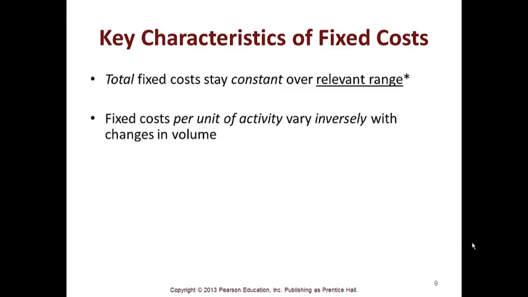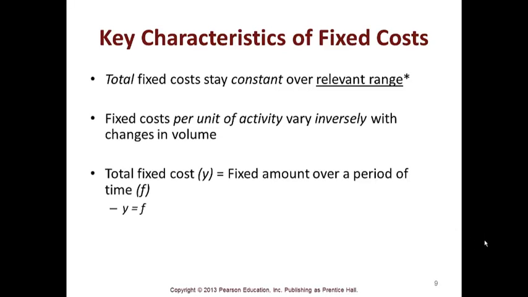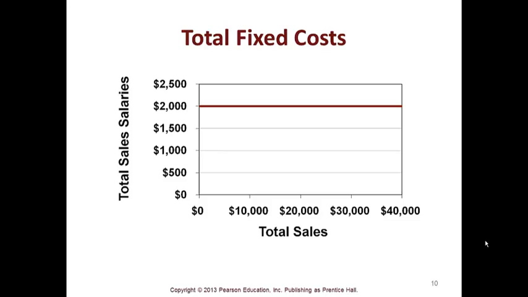So your fixed cost might be a multitude of things, and if you can make the car faster, you would save time in labor, but you'd have this amount of fixed cost for every car. So total fixed cost Y equals fixed amount over a period of time. And the relevant range is the normal operating range of whatever activity you're talking about.